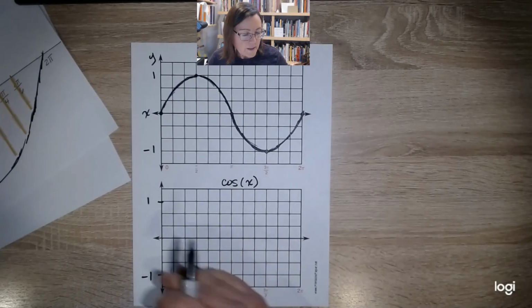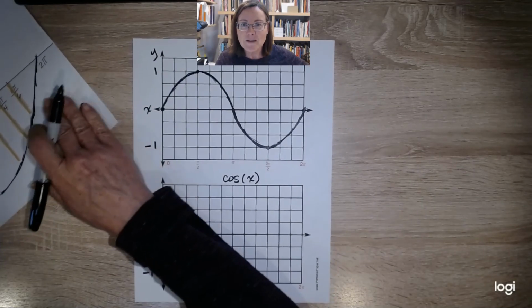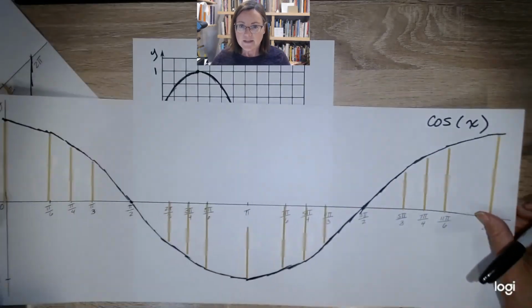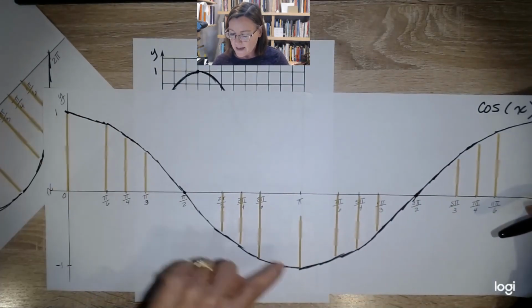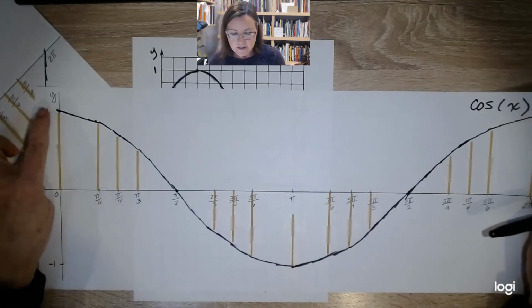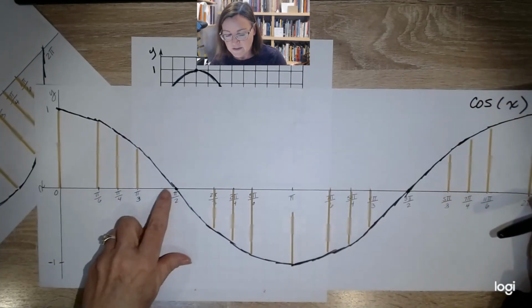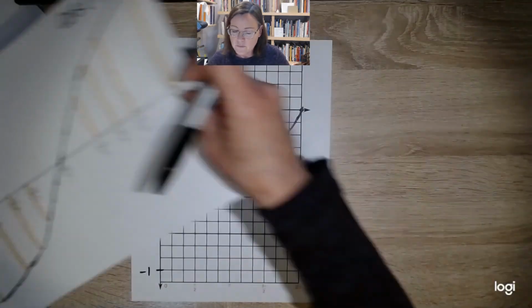Now here again, I'm going to think about where are my maxes, my mins, and my zeros. Well, in this case, my max, min, and max, the beginning, the middle, and the end, with the zeros are at pi over 2 and 3 pi over 2.